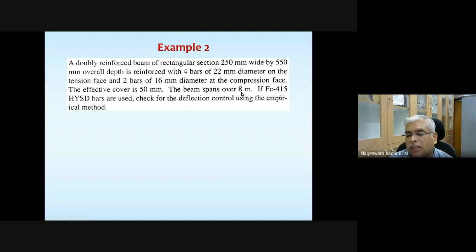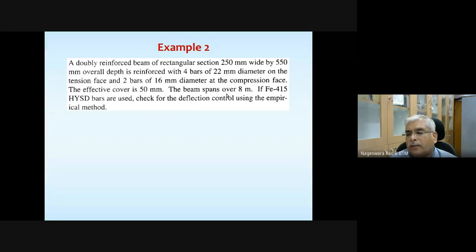Beam span is 8 meters, so it is less than 10 meters. As per the code, if it is less than 10 meters, and here what is this beam? It's not mentioned clearly what the boundary conditions are. You can take it to be simply supported. So up to 10 meter span, the L by D ratio basic value as per the code, given on page 37, is 20.